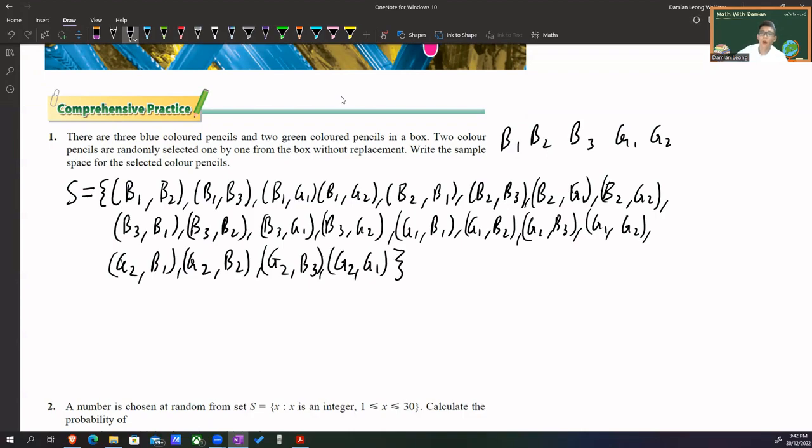That's it. These are all the possible outcomes. That's how we cycle through all the possible selections. Okay, you can list out what are your possible outcomes first, then we see how we can match them all together.